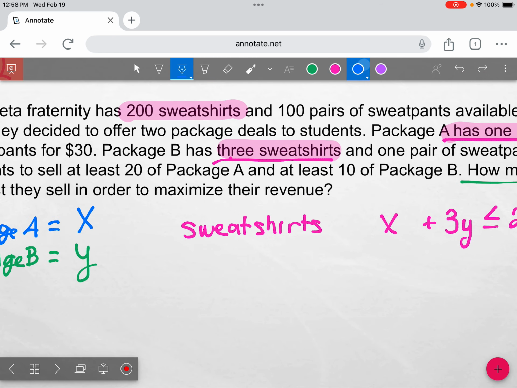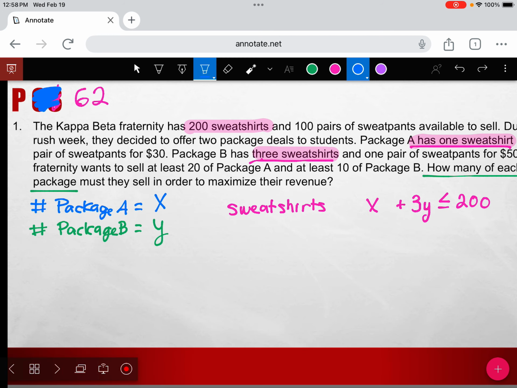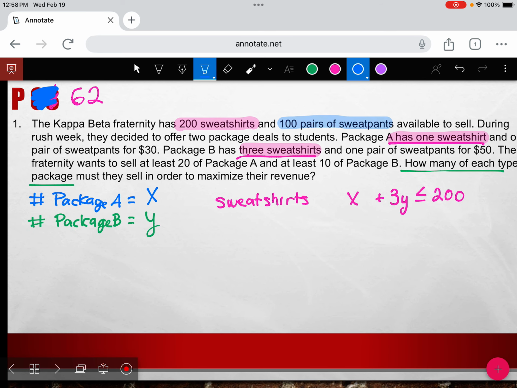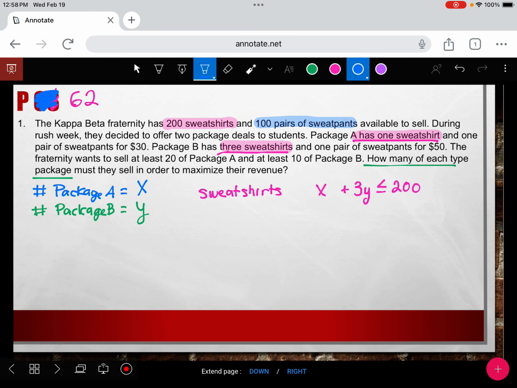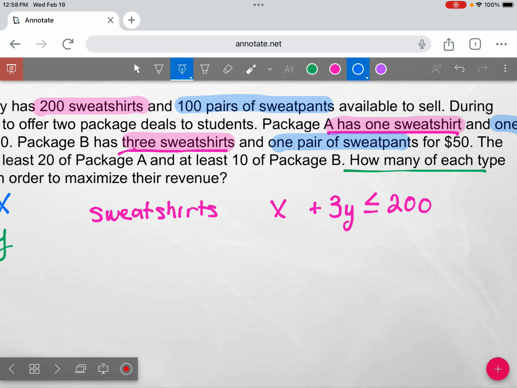Can we follow a similar pattern for anything else? Sweatpants. I got 100 pair of sweatpants. We know package A gets 1. Package B gets 1. So how would we write an inequality for that one, for sweatpants?